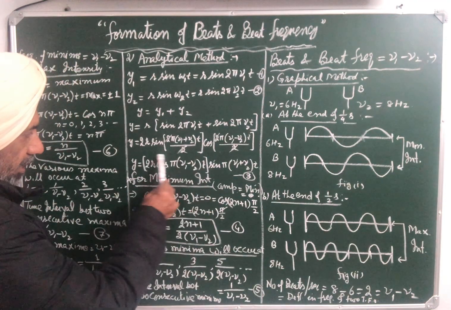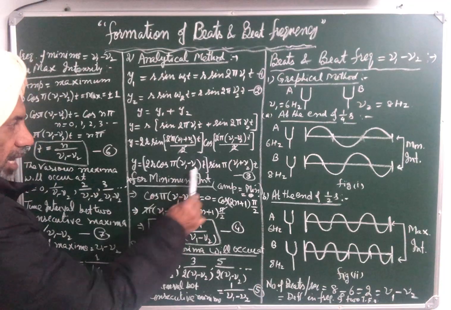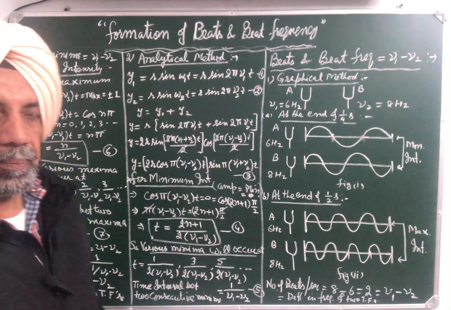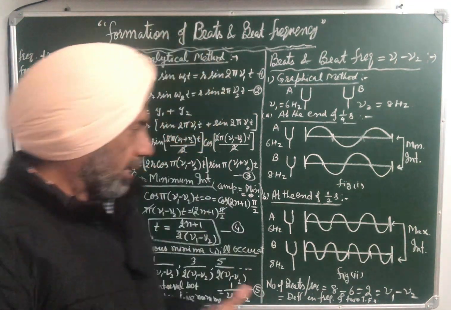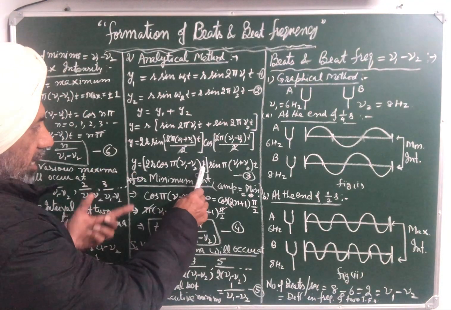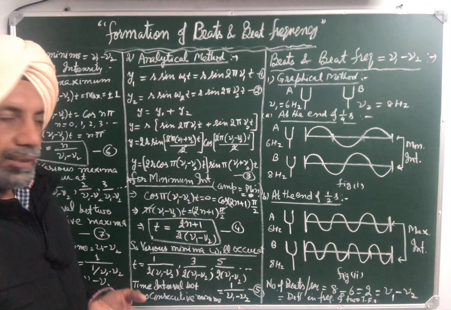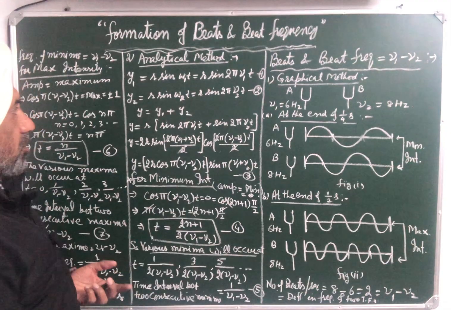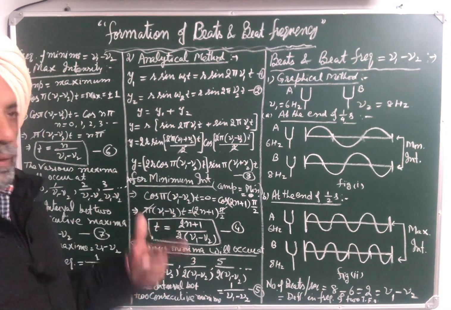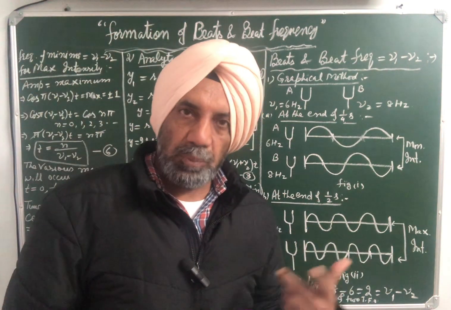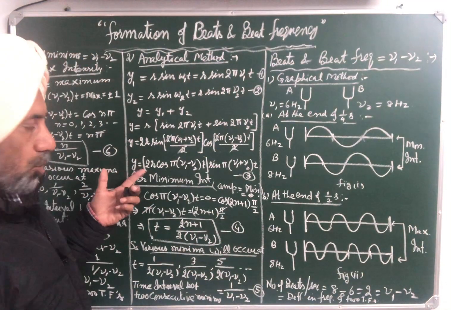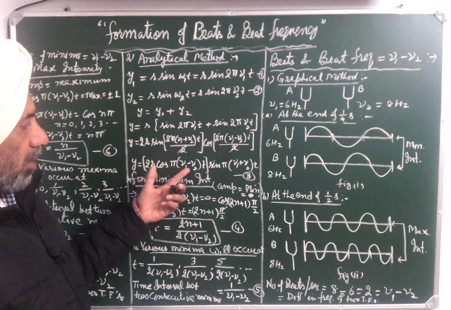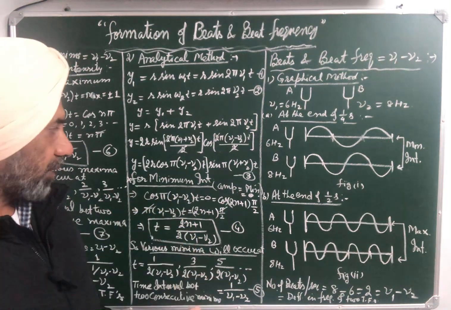The coefficient of sine gives the amplitude of the resultant wave. It means the amplitude of the resultant wave varies with time, because r is the amplitude of the individual superimposing waves, which is constant. So 2r is constant, but cos pi (nu1 minus nu2) t will vary with time.